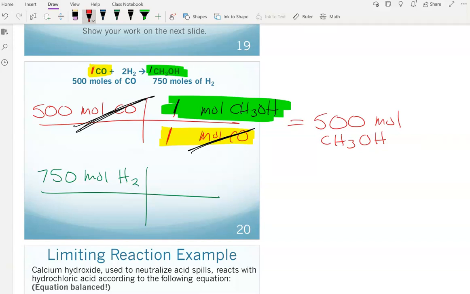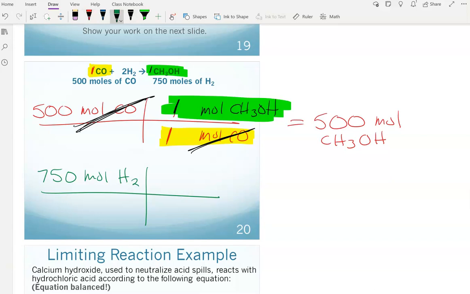I converted moles of CO into moles of CH3OH, which was the product. And theoretically, so this is everything we've been talking about with these picket fences is theoretical, because this is like in a perfect world, this is how much product it would make. So this 500 moles of CO would produce 500 moles of CH3OH.